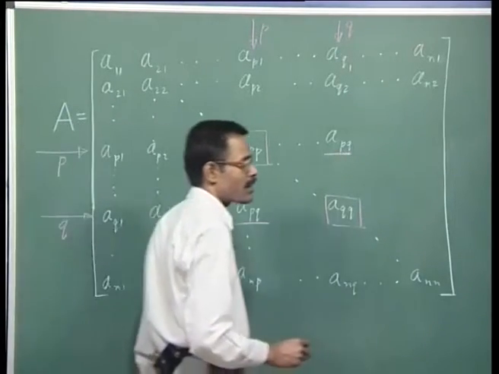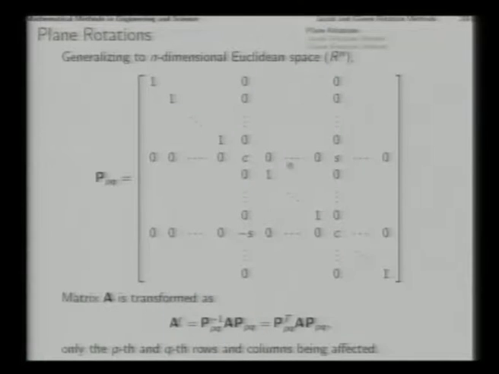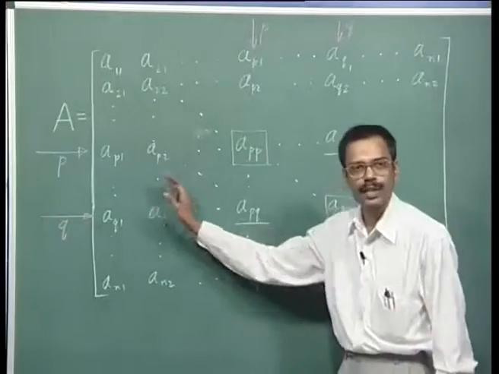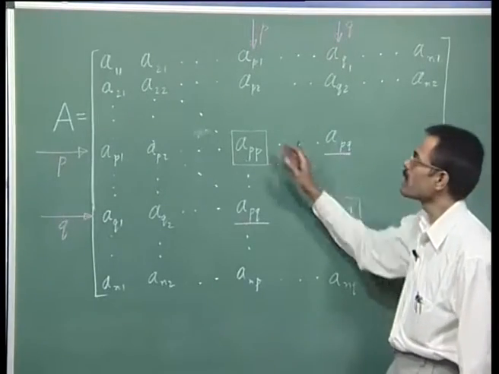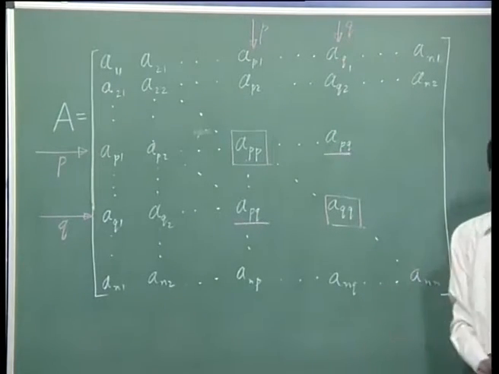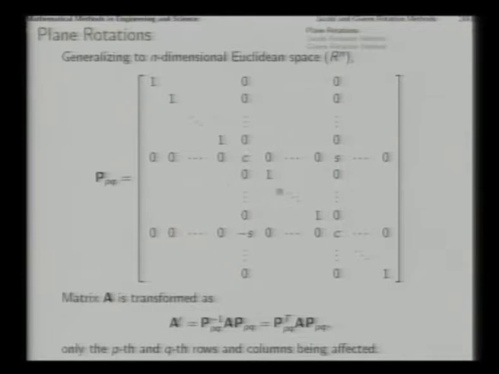Now, when a matrix of this kind is multiplied on the right side of A, then that product A P will not change any element in this huge matrix A except for entries in the pth column and qth column, because only the pth column and qth column of this matrix have anything other than what is found in the identity matrix of this size.